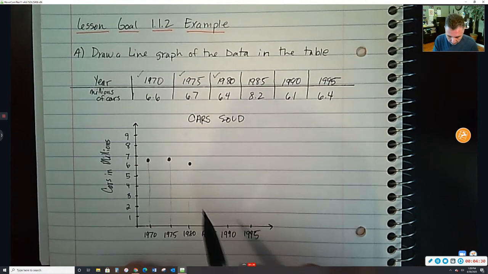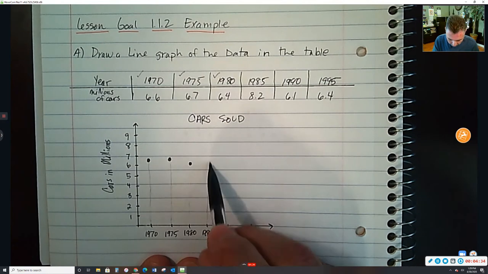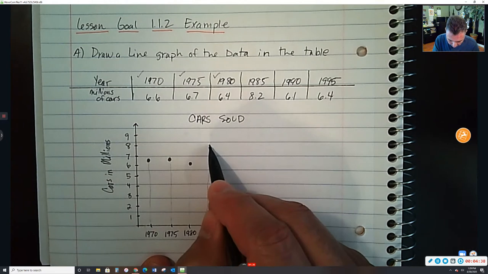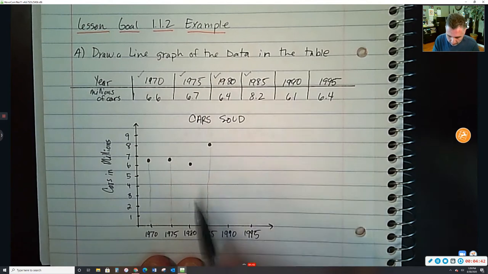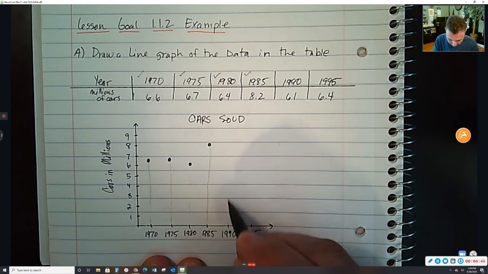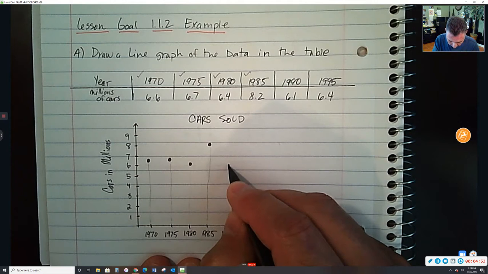And then 1985, 8.2. For this one, you will see a big change. 1985, go all the way up to like 8.2. There it is. Did that one. 1990, it's going to drop back down to 6. 6 is here.